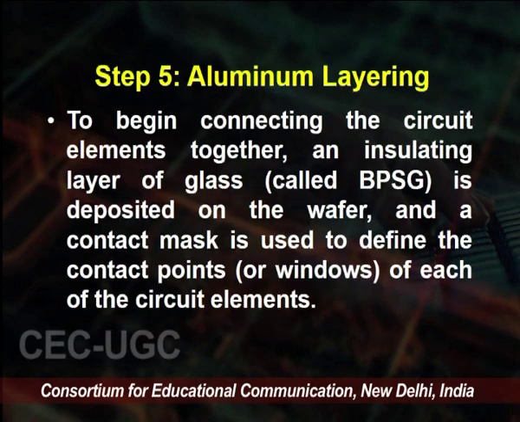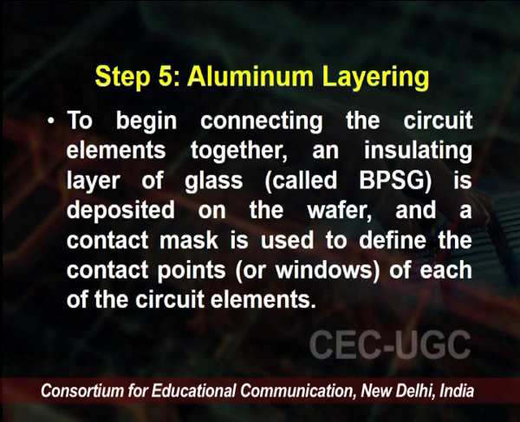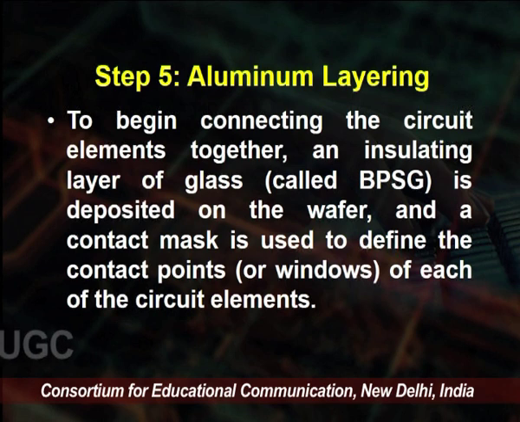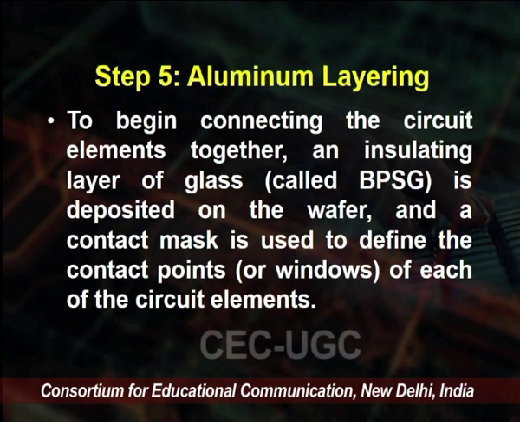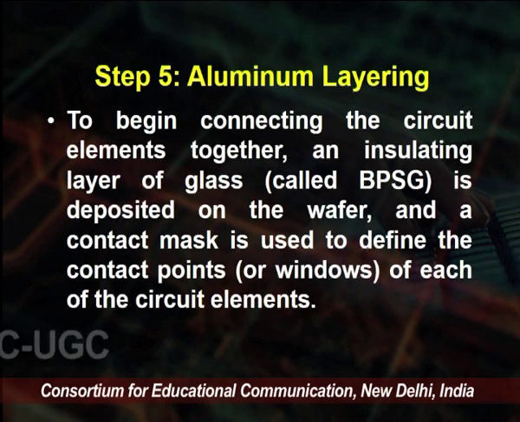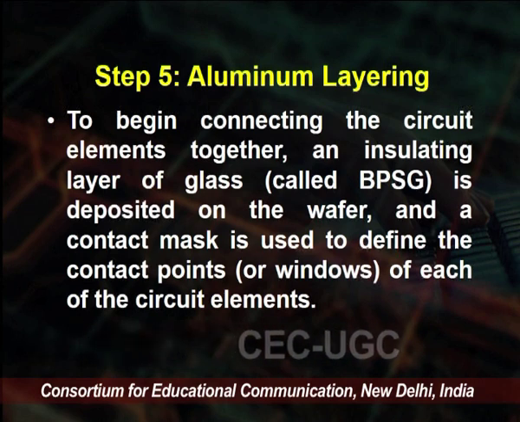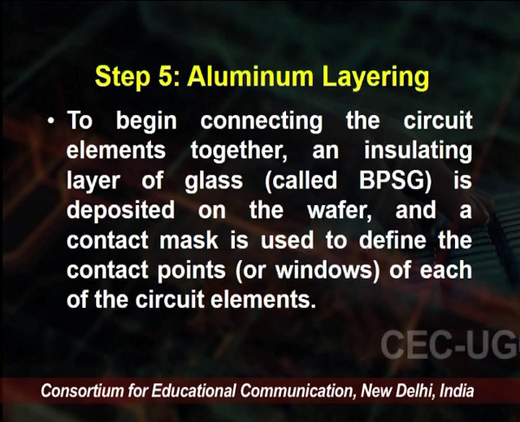The next step is aluminum layering. Aluminum layering means beginning to connect the circuit elements together. An insulating layer of glass is deposited on the wafer, and a contact mask is used to define the contact point window of each circuit element.